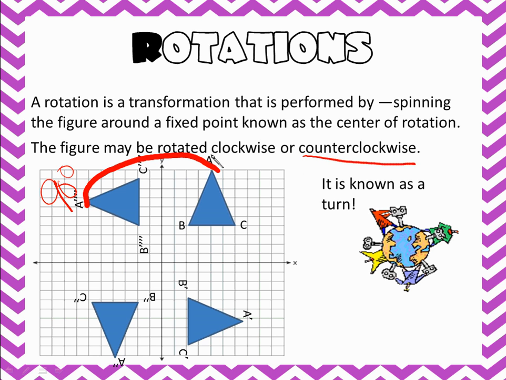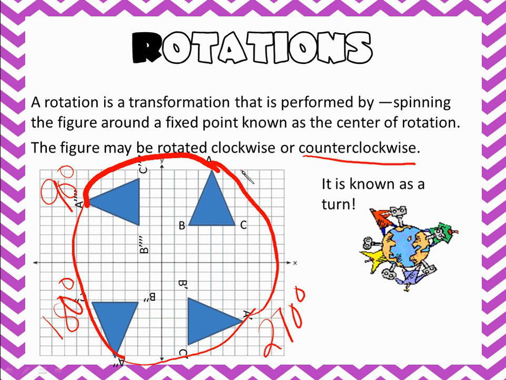To go from quadrant 1 to quadrant 3, that gives me 180 degrees counterclockwise. And then to go from quadrant 1 to quadrant 2, that gives me 270 degrees counterclockwise. And again, if we end up here, that's 360 degrees, which makes a full circle.